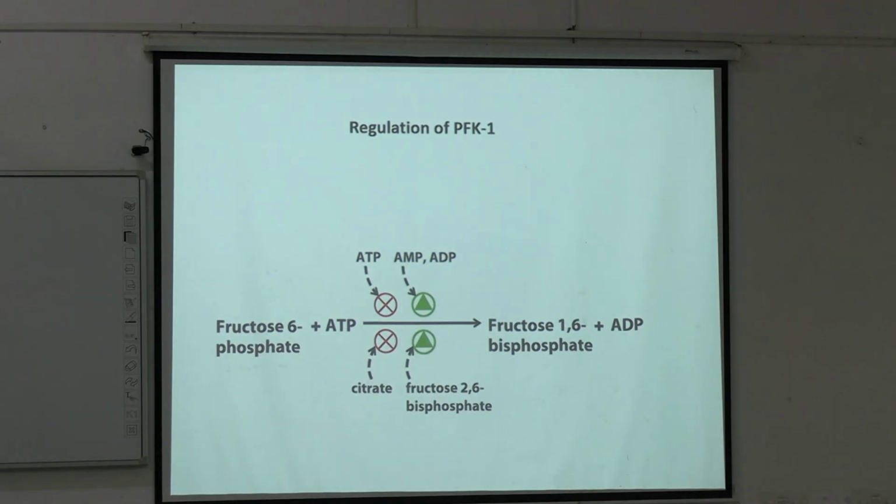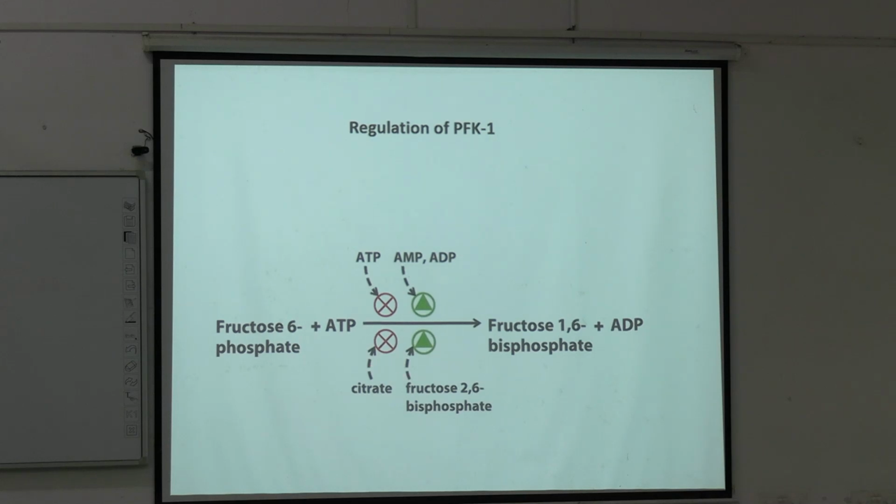Different name, positive modulators. And the compounds which inhibit them are called negative modulators. So, AMP, ADP and fructose 2,6-bisphosphate are positive modulators.